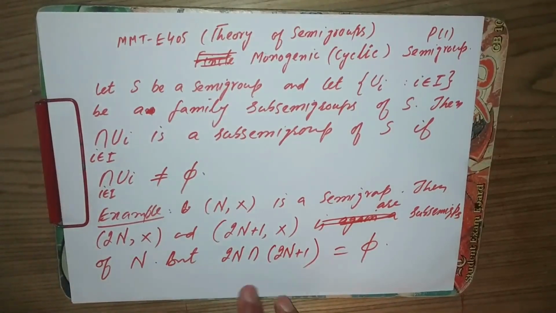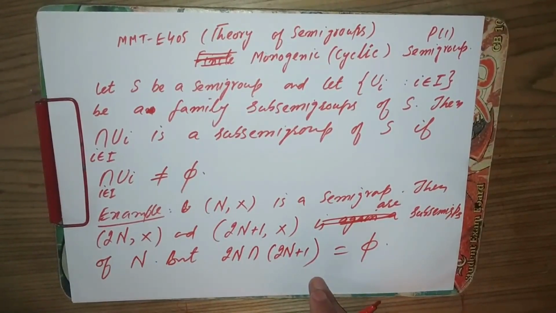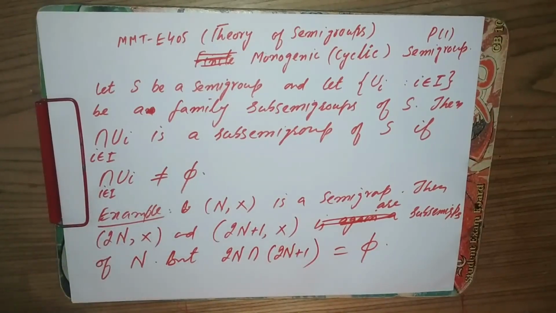That's why this condition is required, that the intersection should be non-empty. Then we can say the intersection is a sub-semigroup. In some cases the intersection may be empty, like in this example.